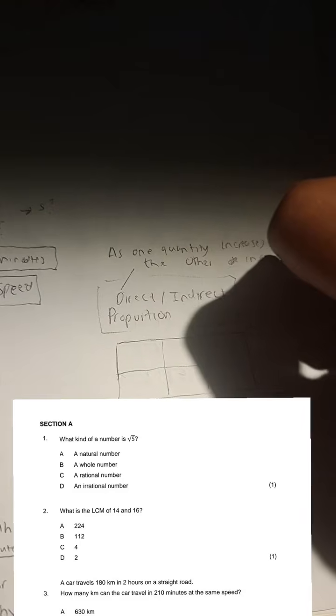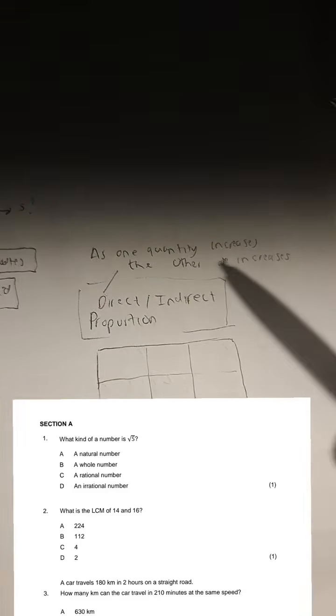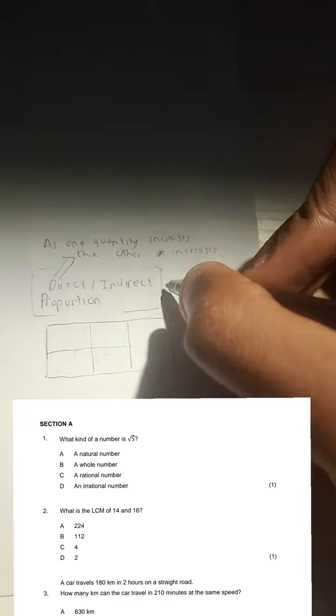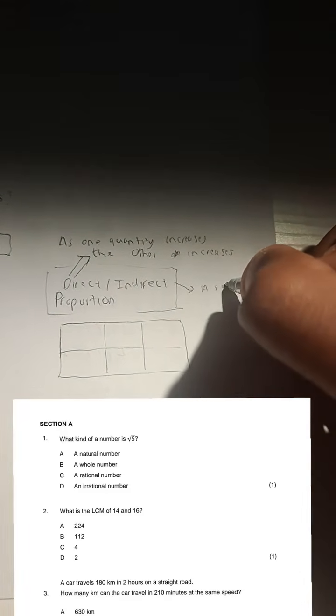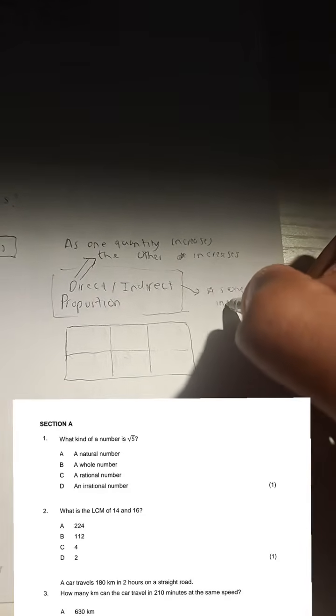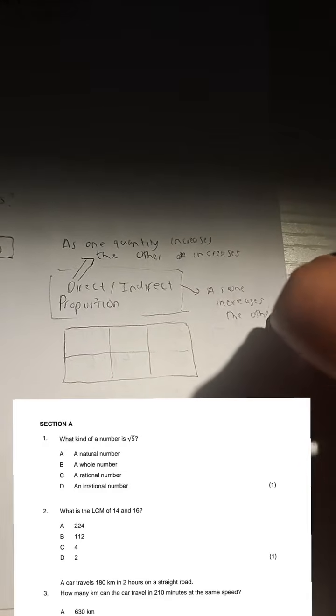Or vice versa, as one quantity decreases, the other one will decrease. That's direct proportion. Indirect, on the other end, says as one quantity increases, the other decreases.